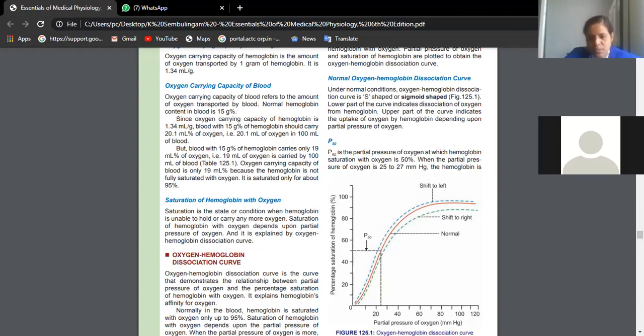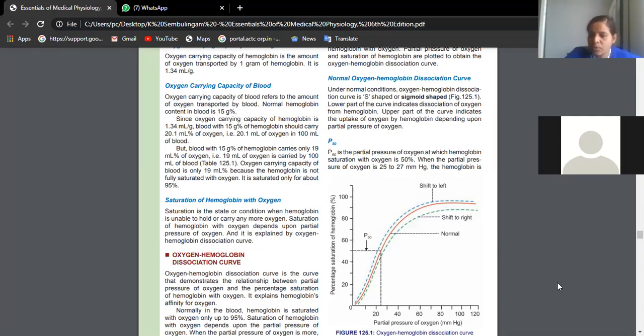That's the reason you see the partial pressure of oxygen is around 25 mmHg, and the percentage saturation of hemoglobin is low, as only one oxygen molecule binds at this particular saturation.